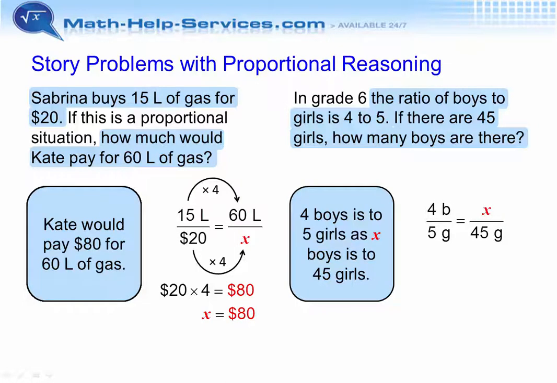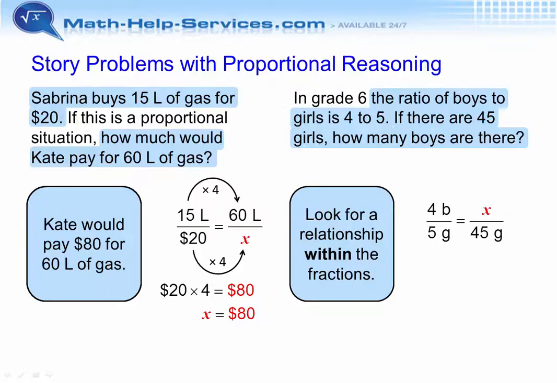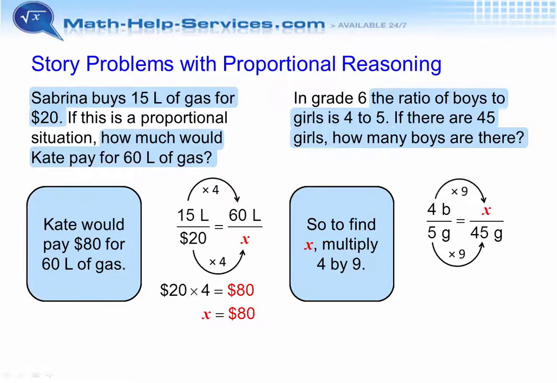So this is how we set up the proportion. Look for a relationship within the fractions. To get from 5 to 45, we multiply by 9. So, to find X, let's multiply 4 by 9. And that's 36. So there are 36 boys.